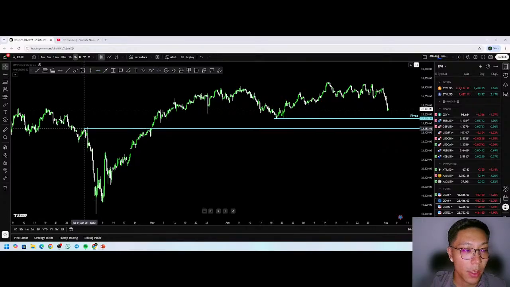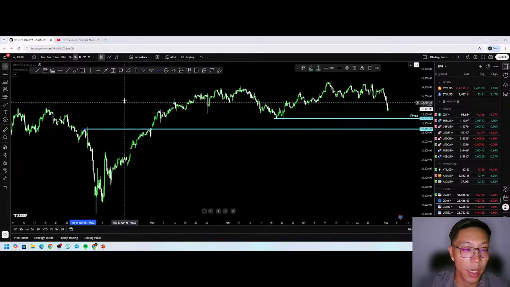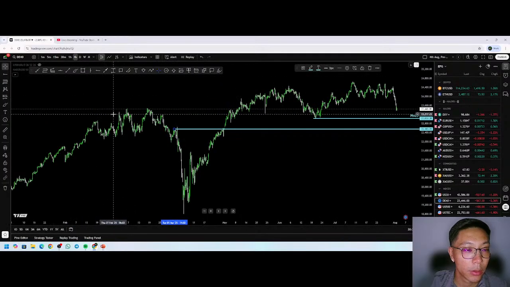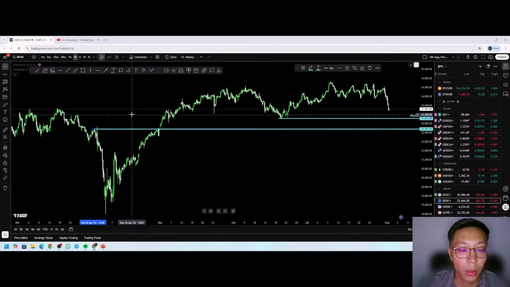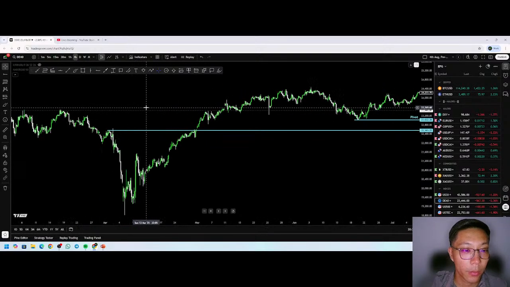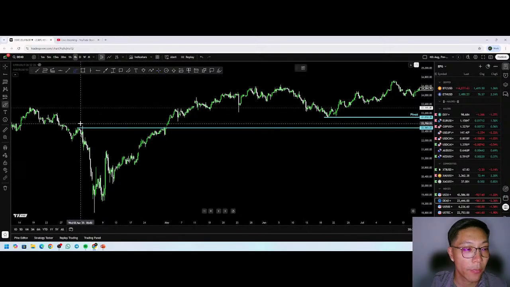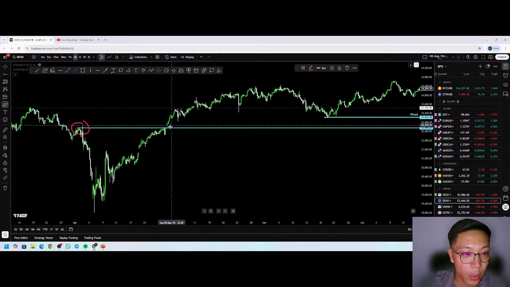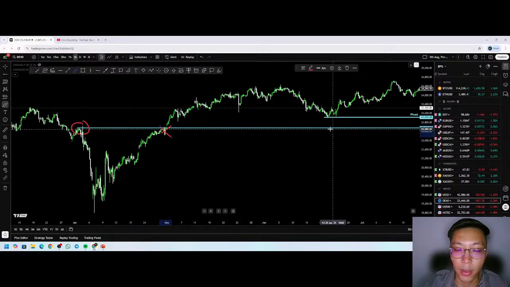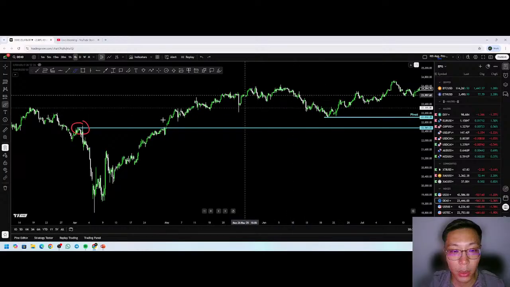Definitely I would say this area over here. Why? Because we have a high swing high price broke past, which could act as a pullback support next.